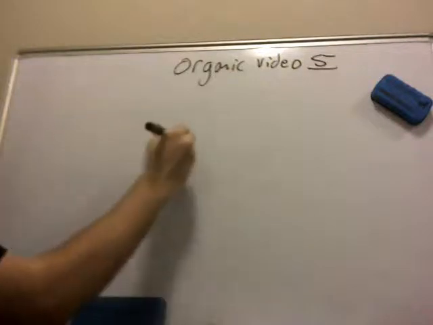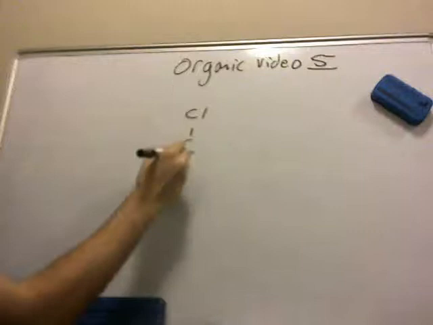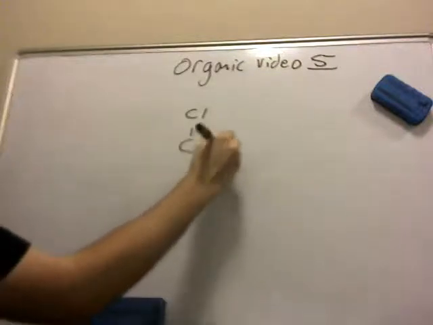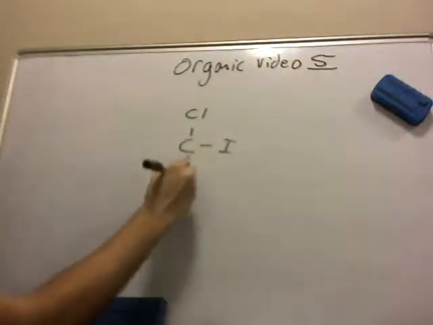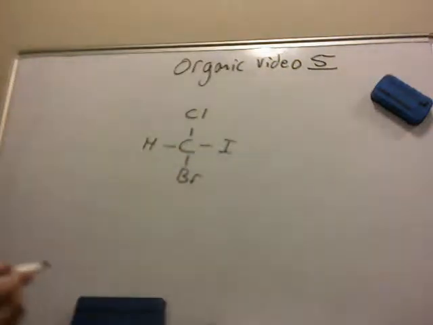Alright, so essentially an enantiomer is a mirror image. This is an example. I'll just put these halogens on here. Iodine, hydrogen. Now, we'll use an expression called a chiral carbon.